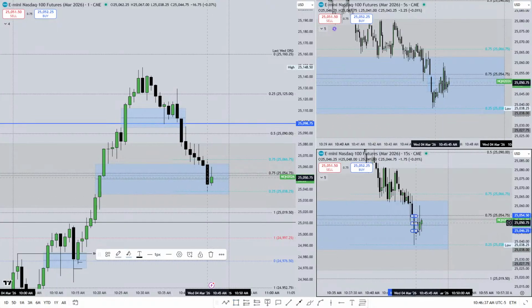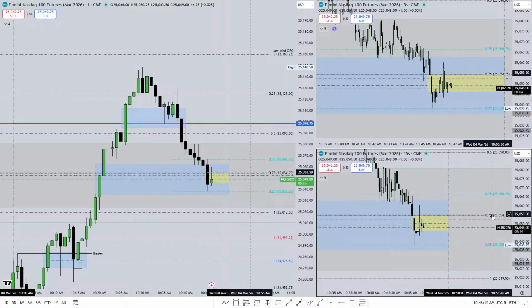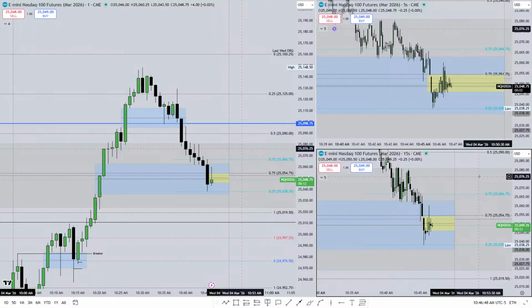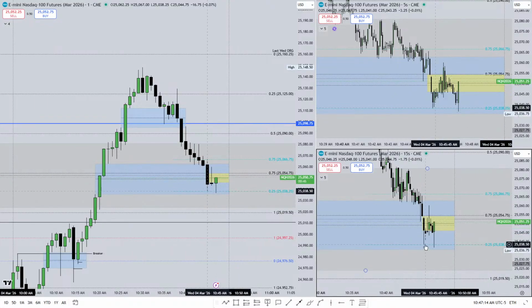So this is right over the midpoint of that volume imbalance, and this quadrant. Swept that.